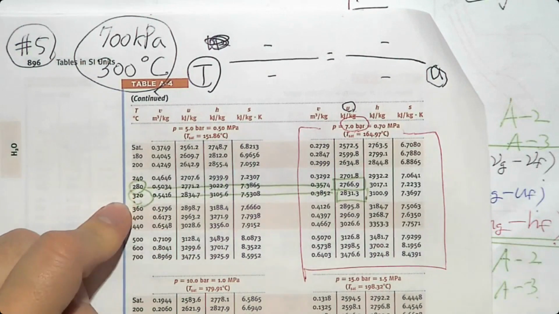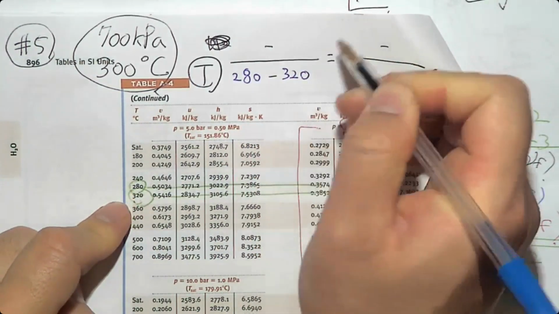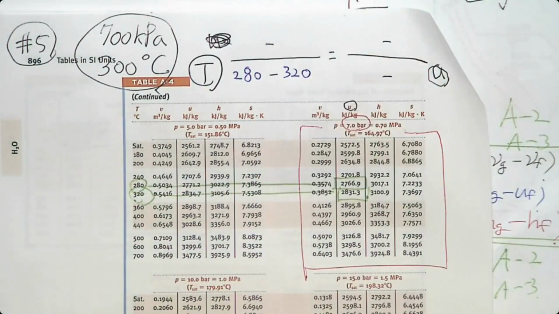So on the left-hand side, bottom left we have 280. Bottom right we have 320.